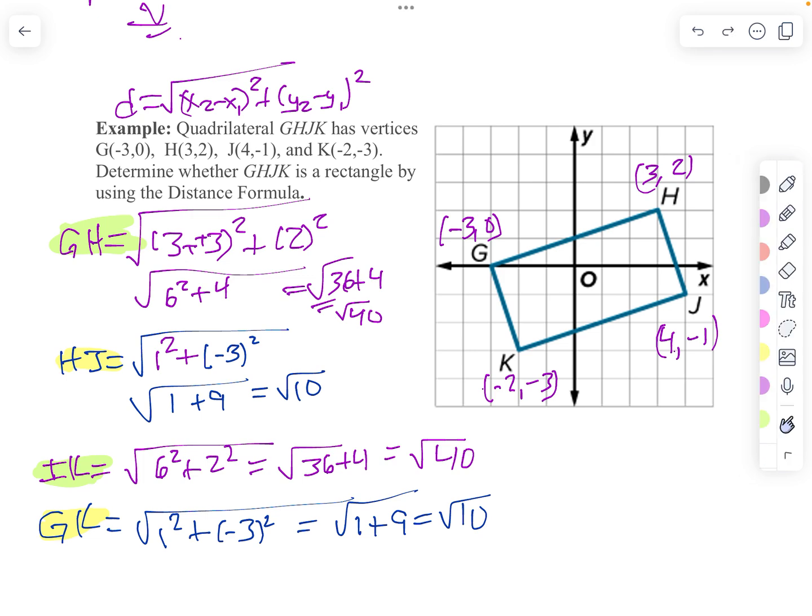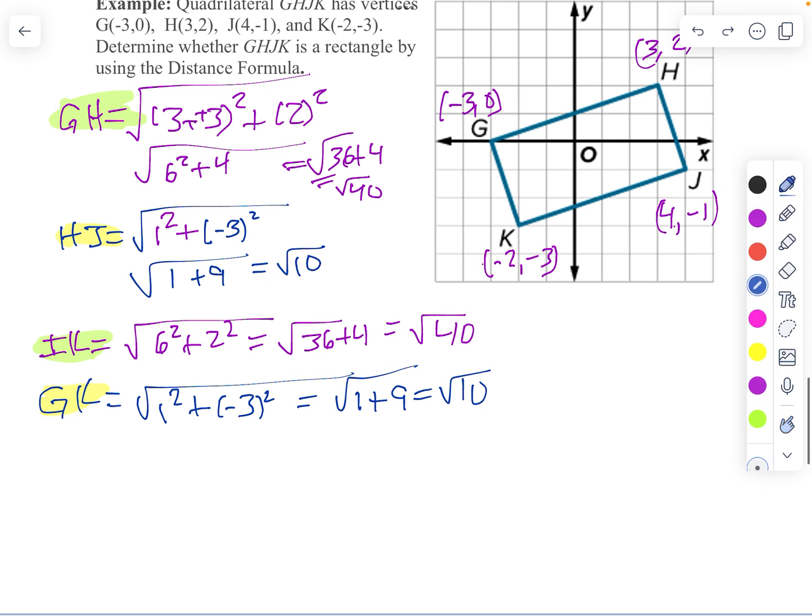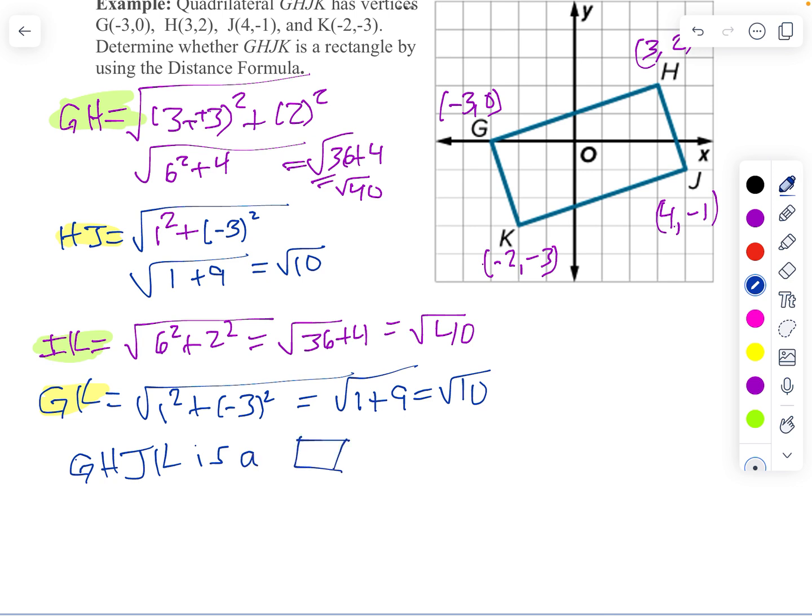If all I had to do was show it's a parallelogram, I'd be done. So I know GHJK is a parallelogram. We used the distance formula to find that. Now to show it's a rectangle, I want to measure the diagonals.